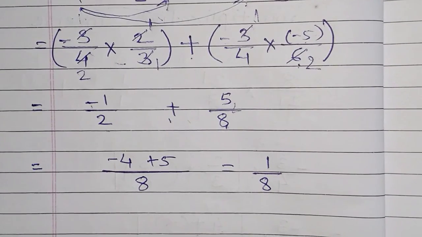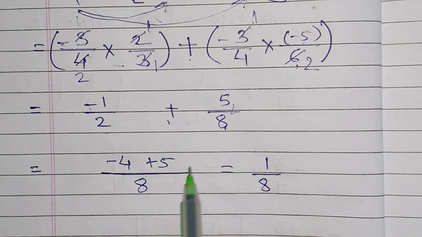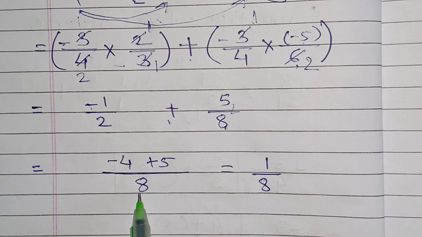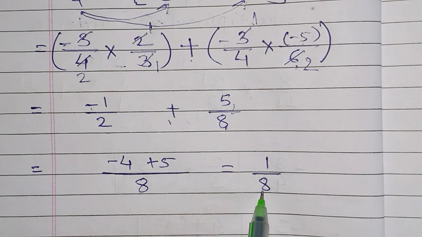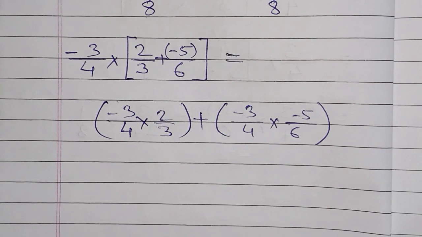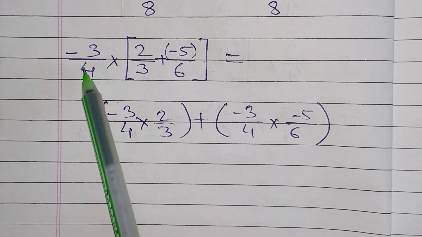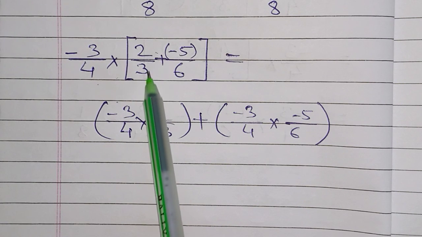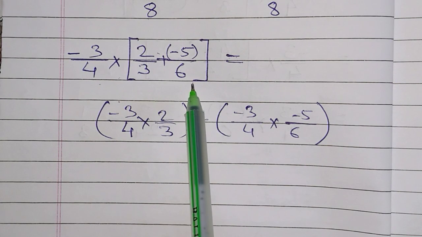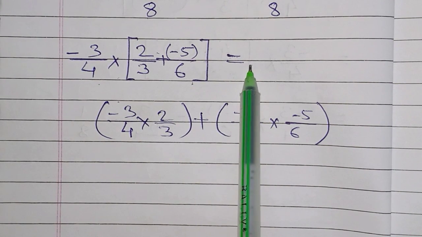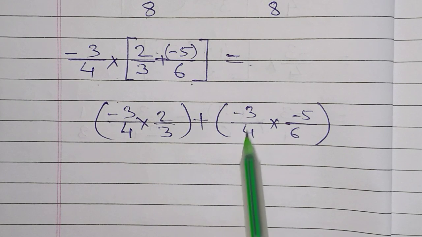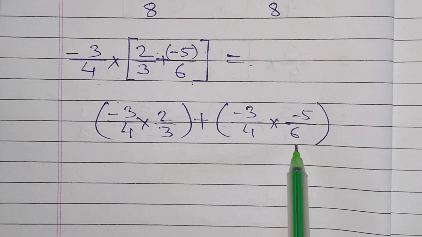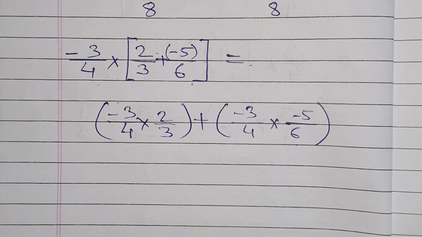Now the denominator is not the same, so take out the LCM of 2 and 8, which is 8, and after solving this I got the answer 1 upon 8. So here we conclude that minus 3 upon 4 into 2 upon 3 plus minus 5 upon 6 is equal to minus 3 upon 4 into 2 upon 3 plus minus 3 upon 4 into minus 5 upon 6 by the distributive property.